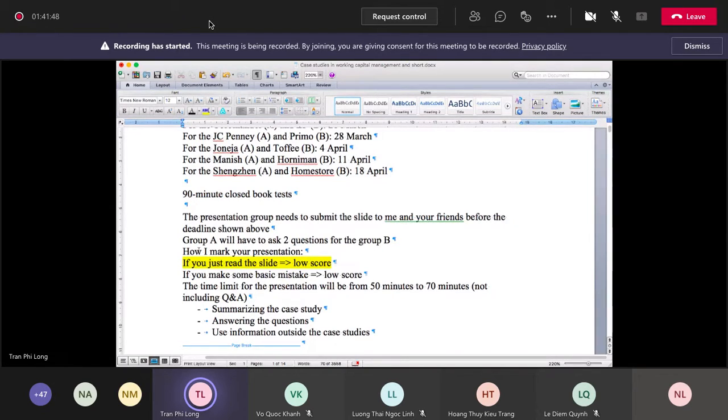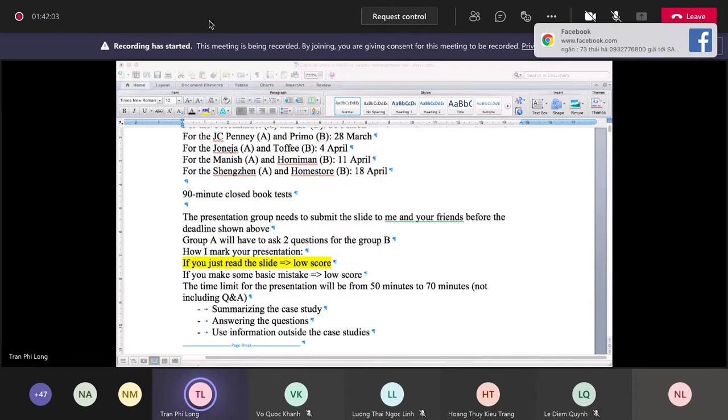Last year, a few groups showed the Excel file to show how they got the result, and in the slide they just showed the final result. But in the Excel file, they showed how they came up with the result. Do you know what I mean? Yeah, I understand. So it just depends on you.